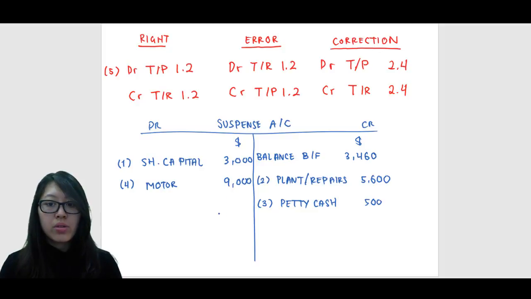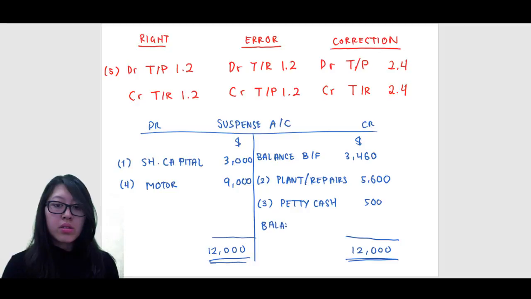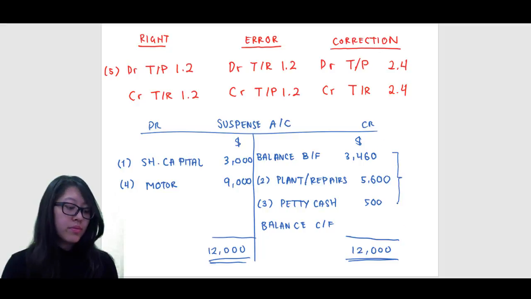Now I'm just going to total this up, and then whatever the difference is, that will be the closing balance. So in here, the total will be 12,000, and this should be 12,000. So the closing balance will be the difference between 12,000 and these, which all add up to 9,560.